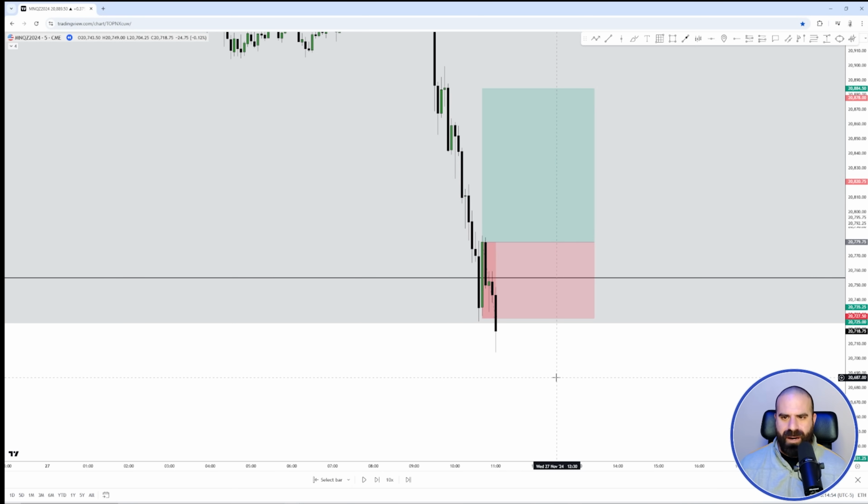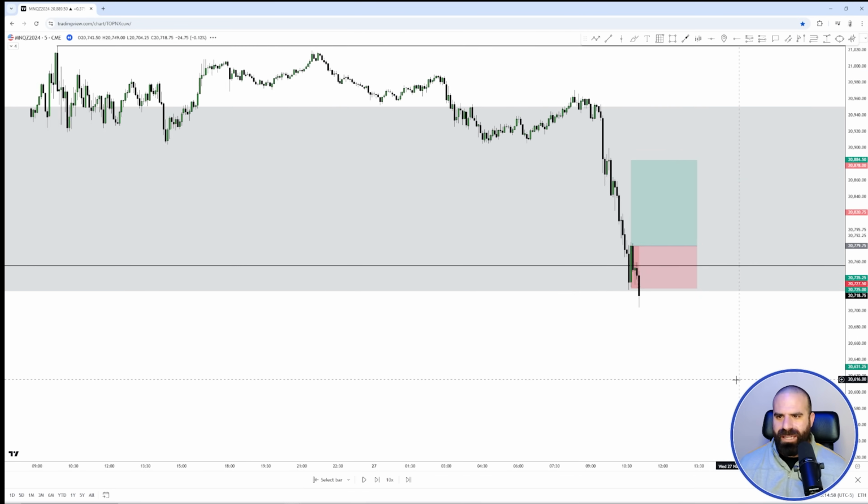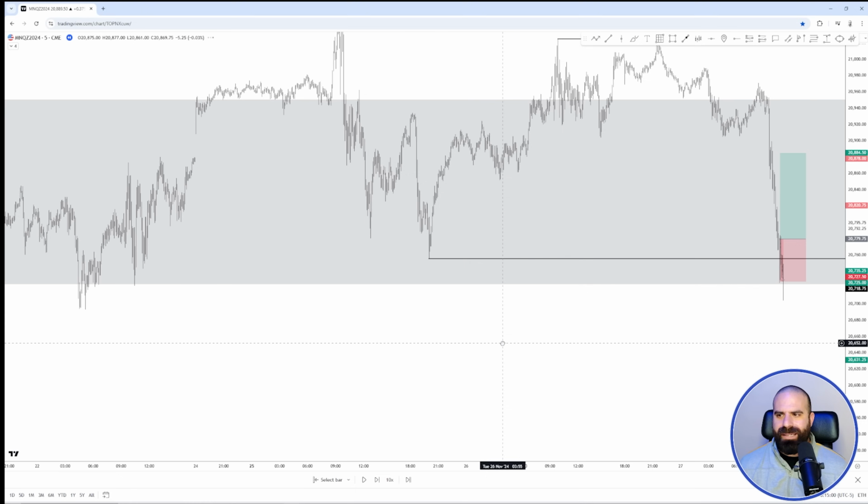Now, here comes another trick that you should be paying very close attention to. I should say it step by step, because if I said it from the beginning, you would be confused. And if you recall, I talked about it in the video that I made for the 1-minute scalping strategy, which is pretty much the same strategy, but on the 1 minute.